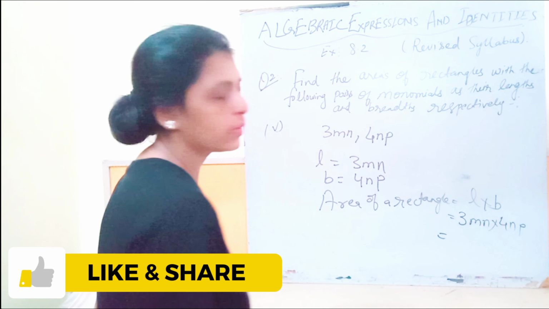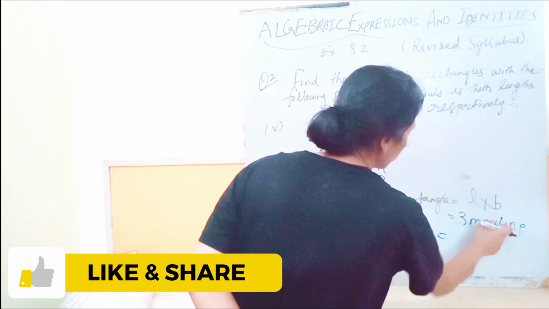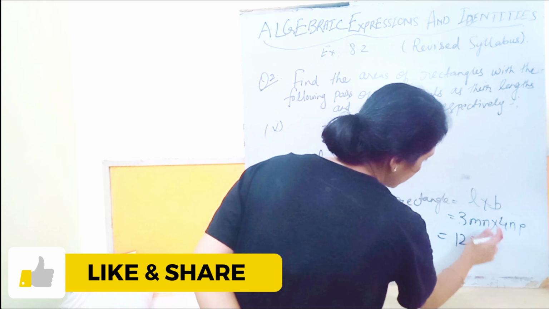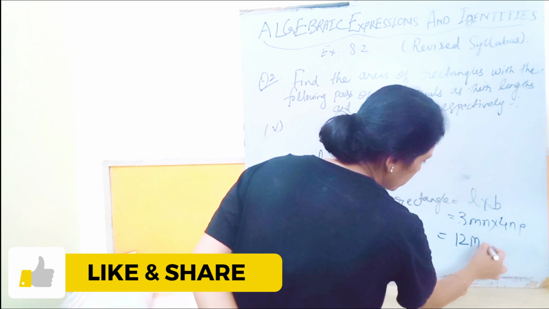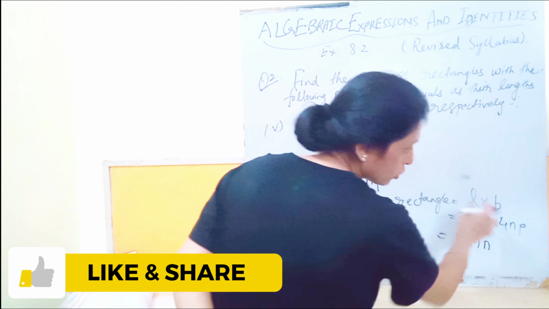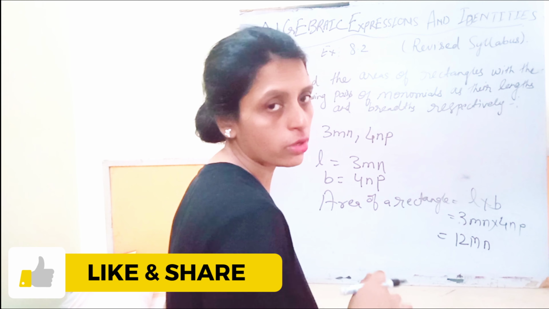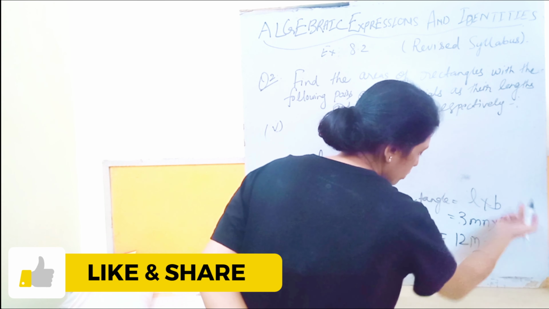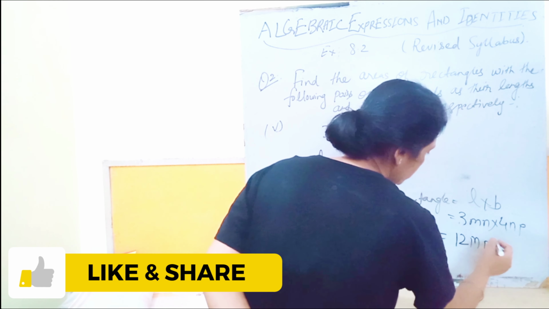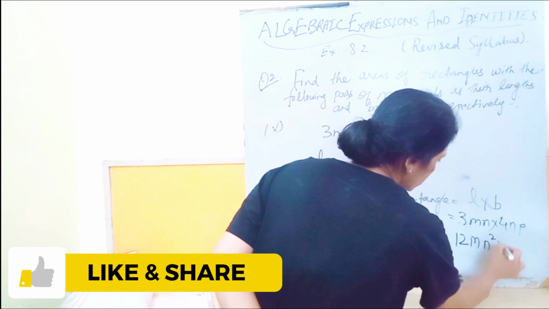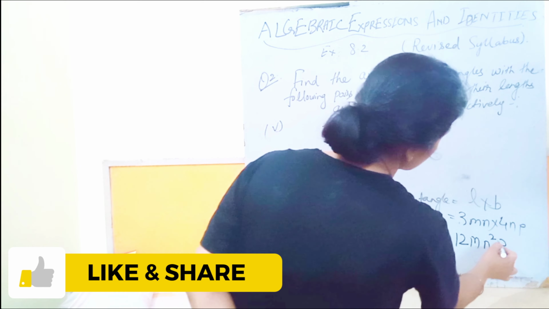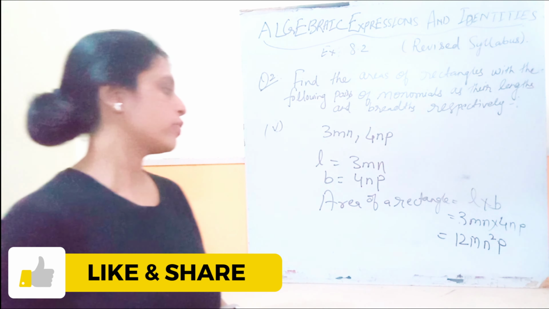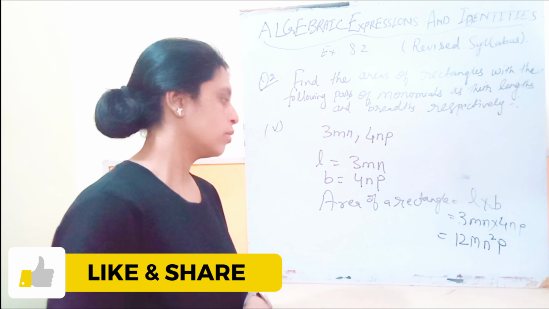Now first multiply the numerical coefficients, 3 and 4, 4 3s are 12. Here n into n, so the bases are same, operation of multiplication is there, so according to laws of exponents we have to add the powers. Here both are having 1 as power, so 1 plus 1 is 2, and this is your into p. So the area of rectangle is equal to 12mn square p.